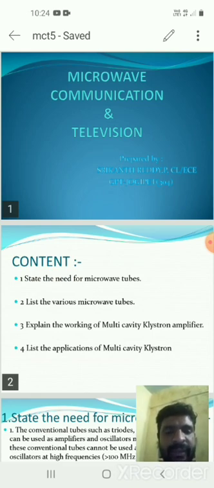In this subject, the topics we discuss today are: state the need for microwave tubes, list the various microwave tubes, explain the working of multi-cavity klystron amplifier, and list the applications of multi-cavity klystron.